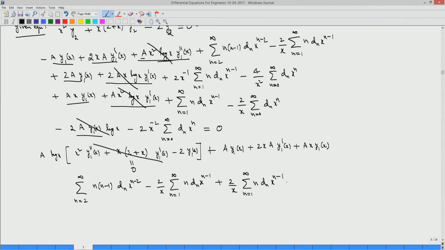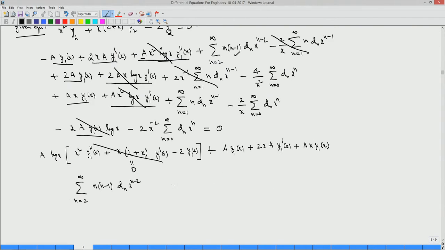So this is actually also cancelled. Okay, so 2 by x, n dn x power n minus 1, n is from 1 to infinity. So this one will go, so I don't have to write. Okay, so this I have written, these two gone, now these two.